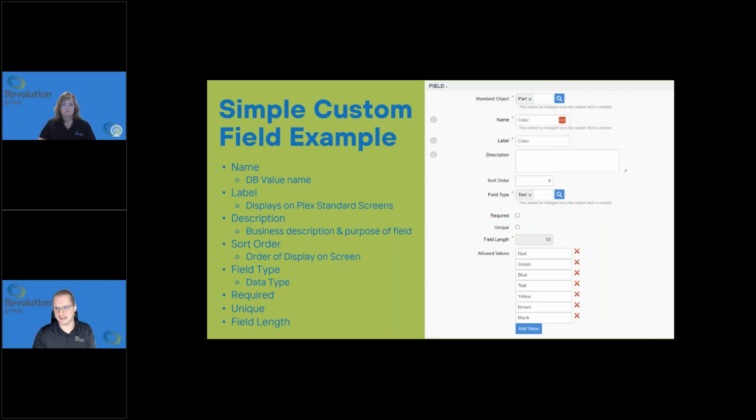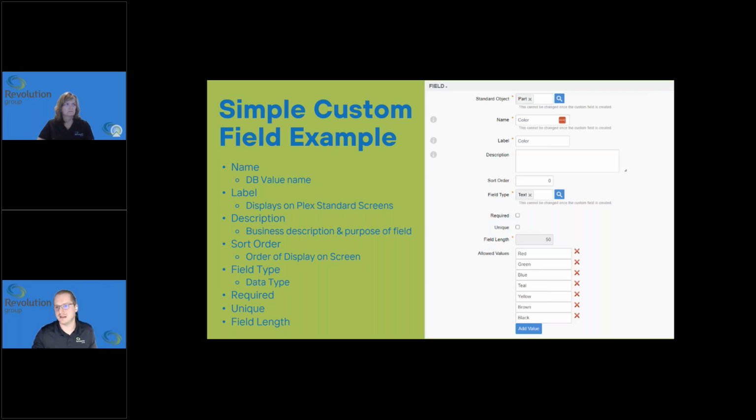It's a very specific field that has to be unique to this custom field for the standard object, and it can't have any spaces or really any special characters like dollar signs. It's a really plain field that's used to identify a custom field from the database side of things.